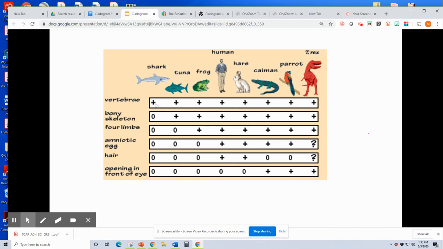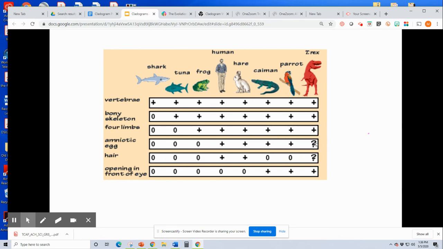So you notice they all have a vertebra, but when we went up the next level to a bony skeleton, we said the shark did not have a bony skeleton because he's made of cartilage, but the rest of them all do. And here's our forelimbs, and here's our amniotic egg.